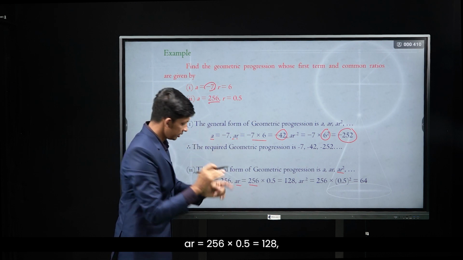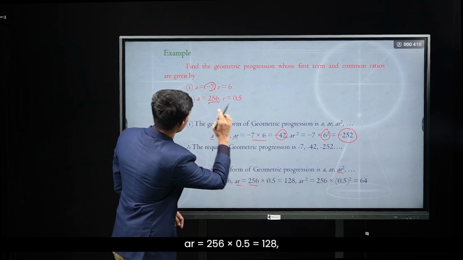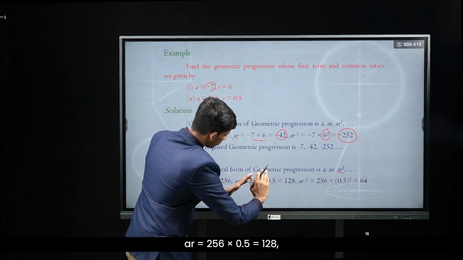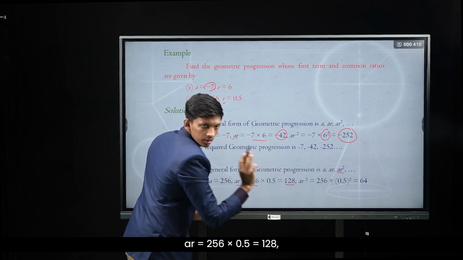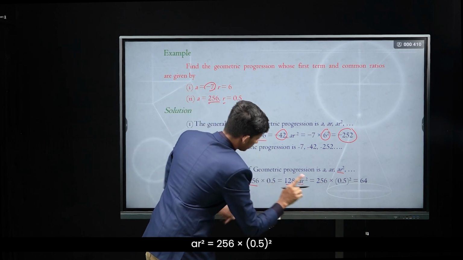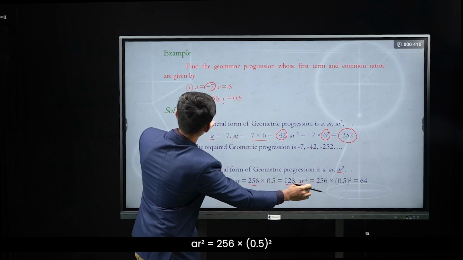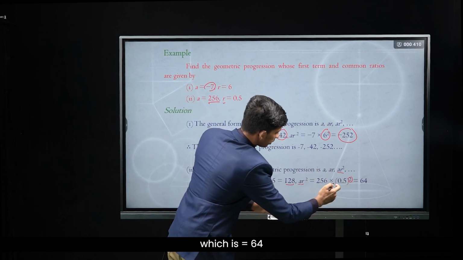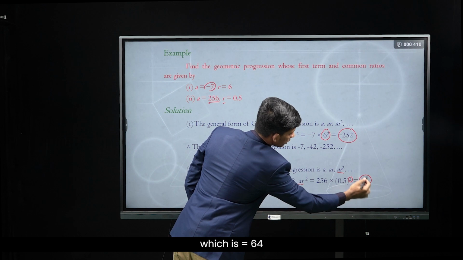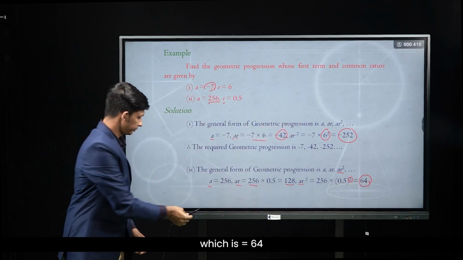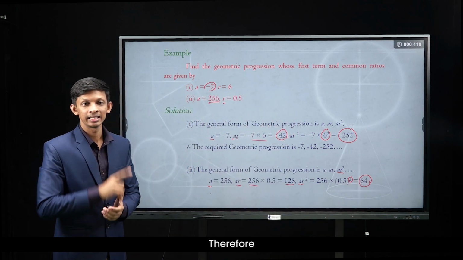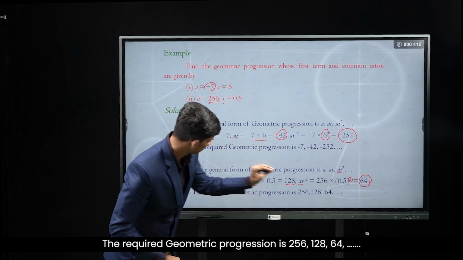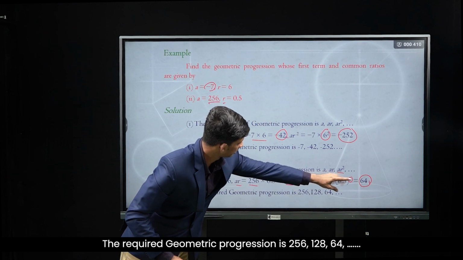AR is equal to 256 into 0.5, which is equal to 128. AR square is equal to 256 into 0.5 whole square, which is equal to 64. Therefore, the required geometric progression is 256, 128, 64 and so on.